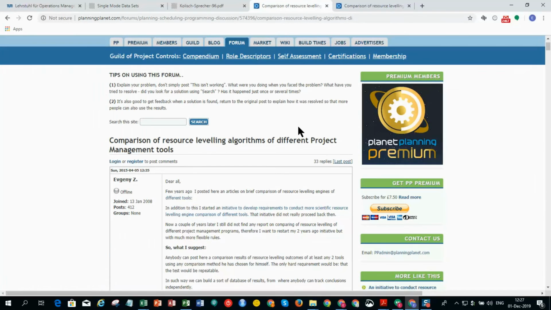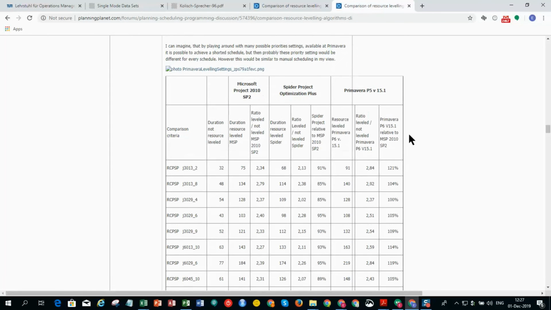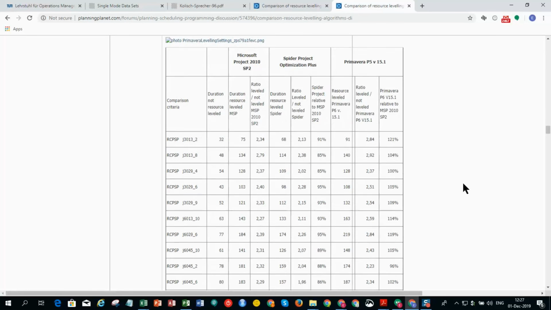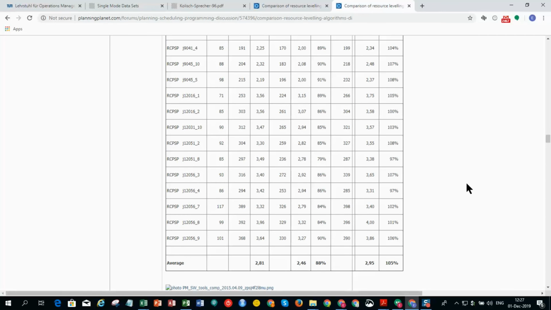At a certain moment in time, members of planningplanet.com, a world-leading project scheduling community, did a comparison of 3 project management tools: Microsoft Project, Spider Project, and Primavera. They were compared on a selected limited subset of these problems.